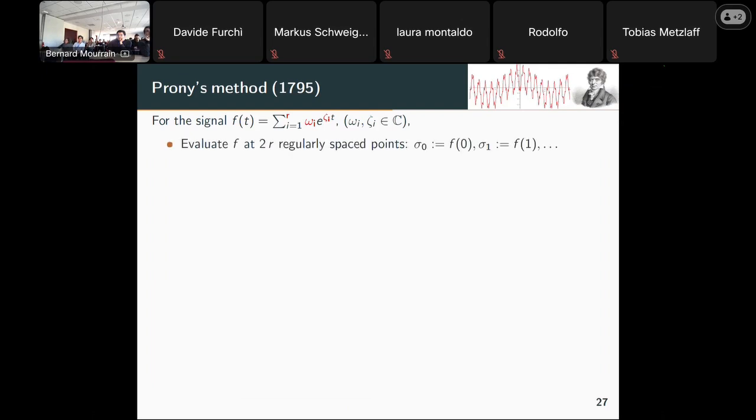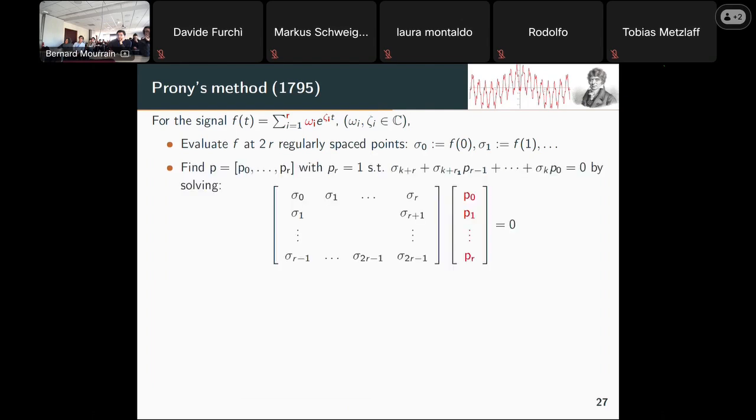So what did he propose? He proposed to evaluate this function at points 0, 1, 2, and so on. So you get values sigma 0, sigma 1, sigma 2. You make with that a Hankel matrix, up to some R, where R is the number of terms you want to find. Then you shift to sigma 1 up to sigma R plus 1, and so on up to sigma R minus 1. So a matrix which is R by R plus 1.